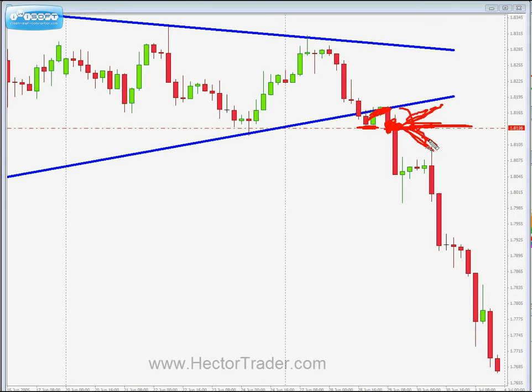A couple of pips is usually good enough. No need to wait anymore. You've already had the confirmation in this pattern. So as you make a new low, a couple of pips below, you can enter short in the trade, knowing that you're taking a high probability trade for a few reasons.